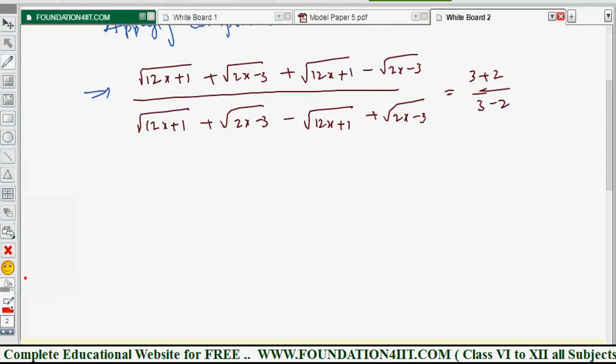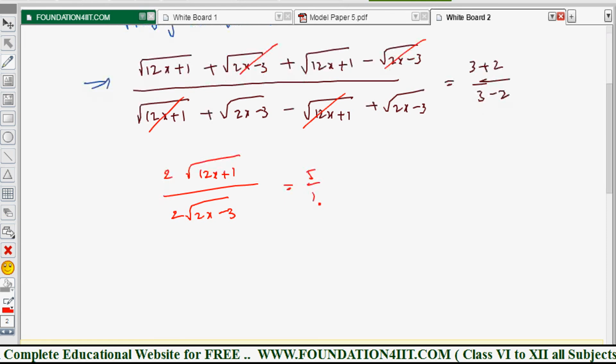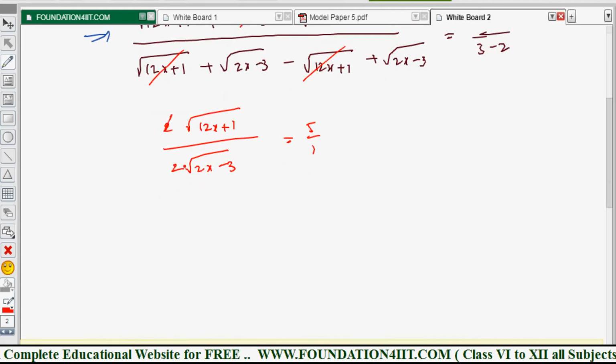Just simple by cancellations, this both cancel, numerator and denominator are cancelled here. And that is 2 times root 12x plus 1 by 2 times root 2x minus 3 is equal to 5 by 1. Right? Then the 2 gets cancelled.